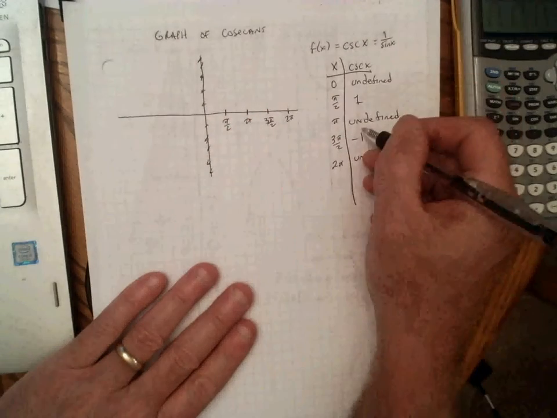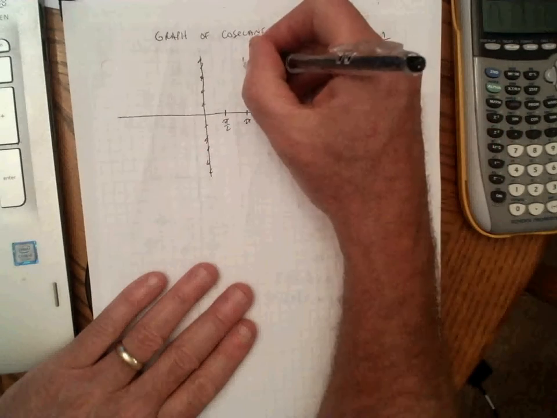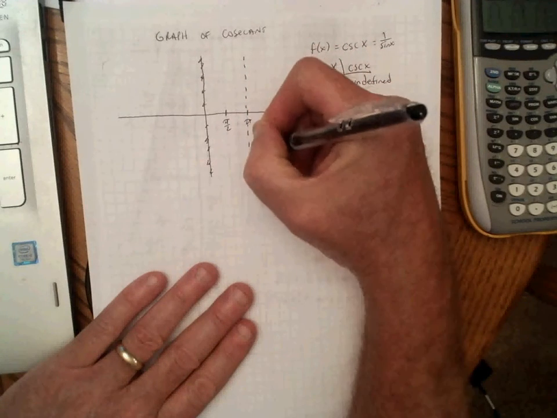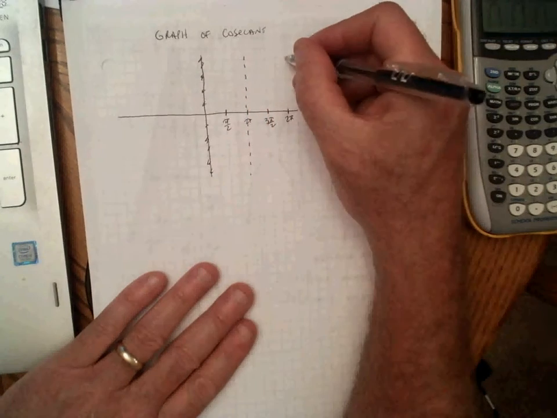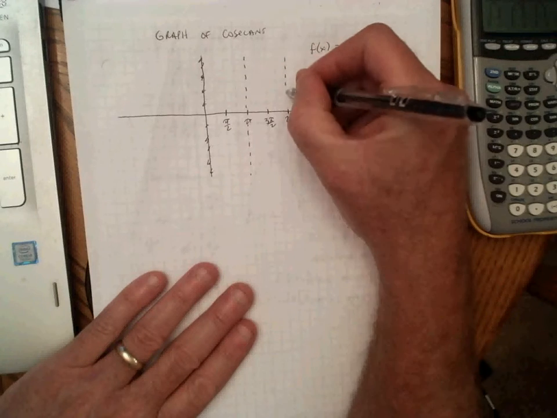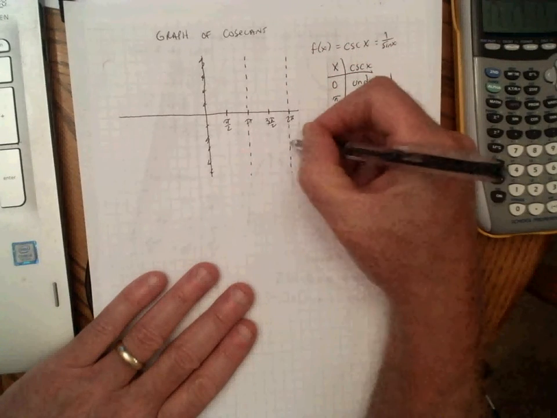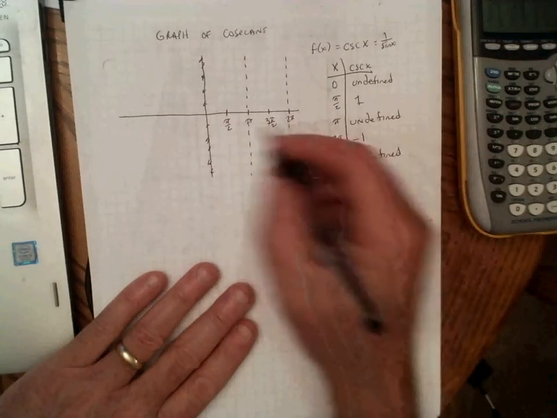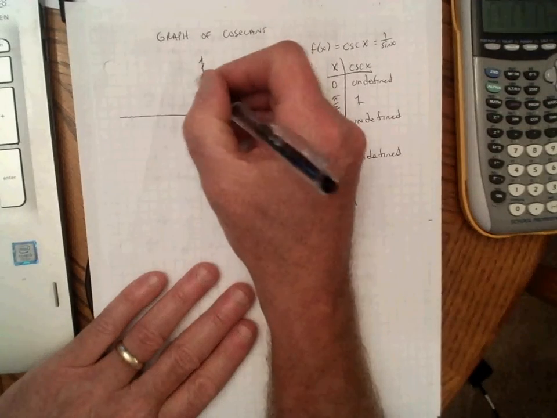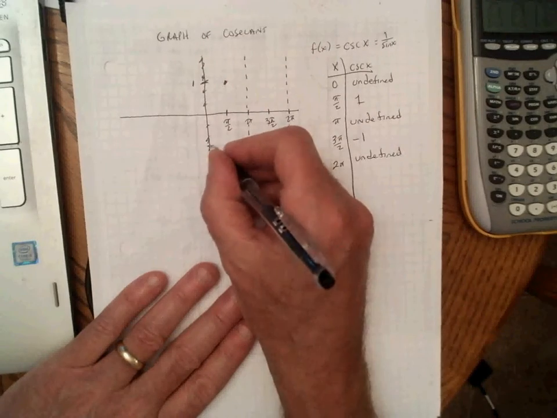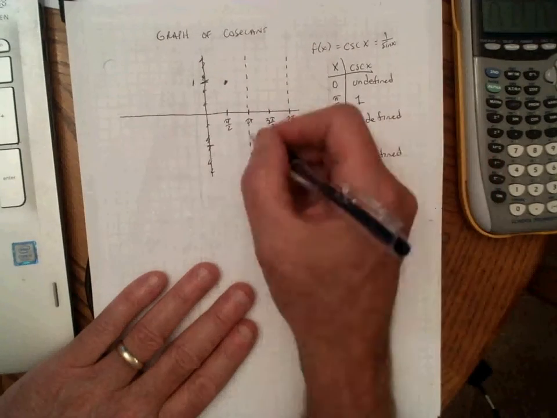Another asymptote at pi and 2 pi. At pi over 2, secant was equal to 1. And at 3 pi over 2, the secant was equal to negative 1.